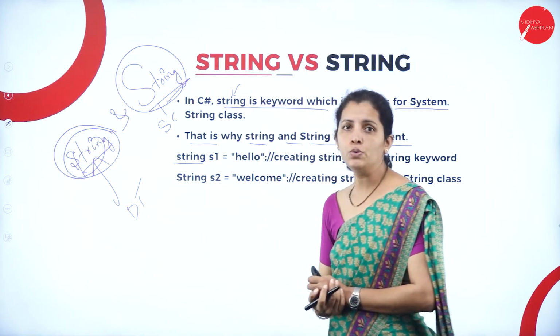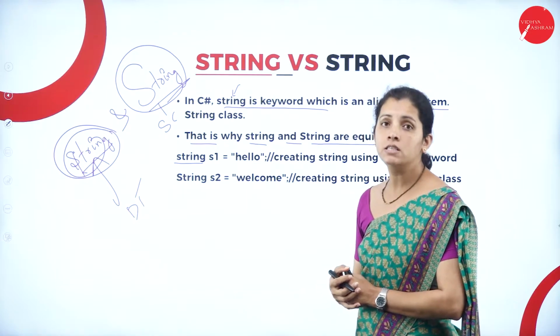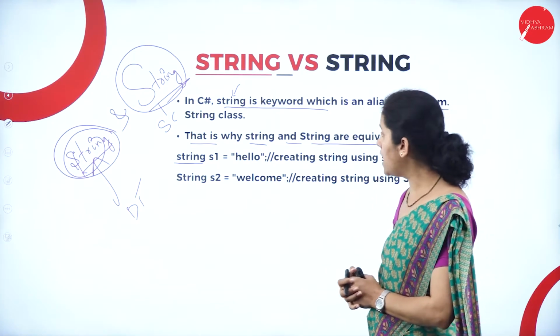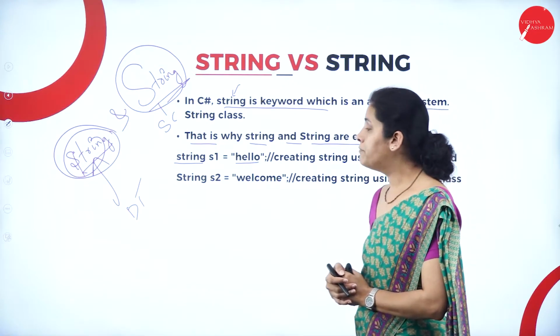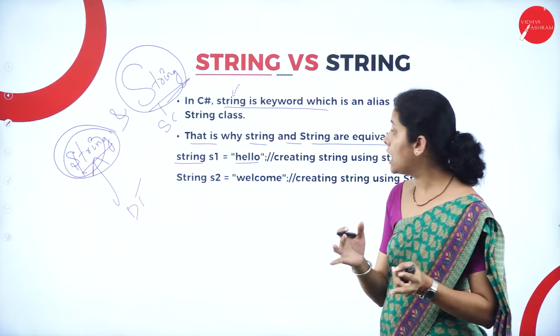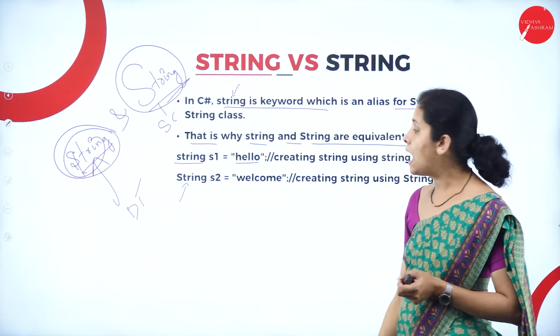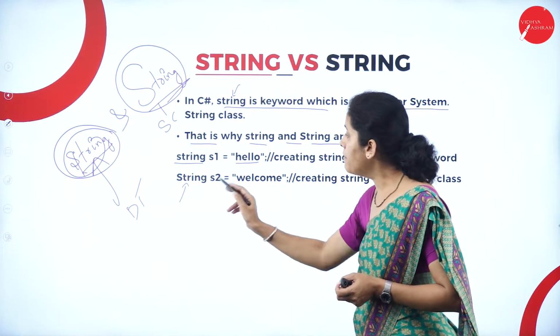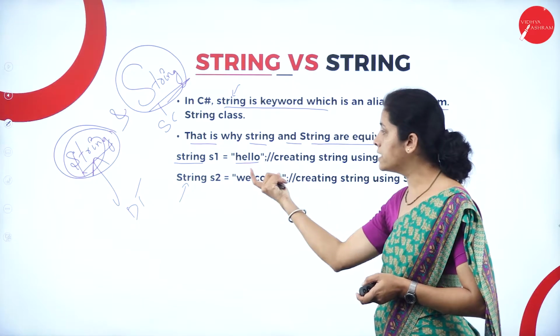So, see the example here. First, I am going to use the data type string and create a string variable s1, and I am going to assign "hello". Now, if I use the String class, this is the example for the String class, and I have s2, and I'm going to assign some string.